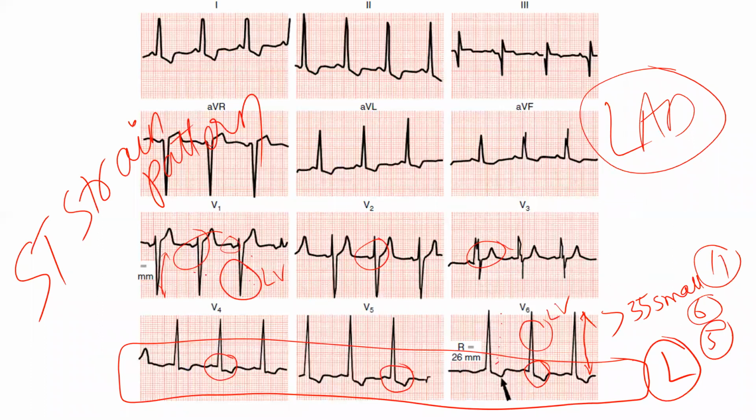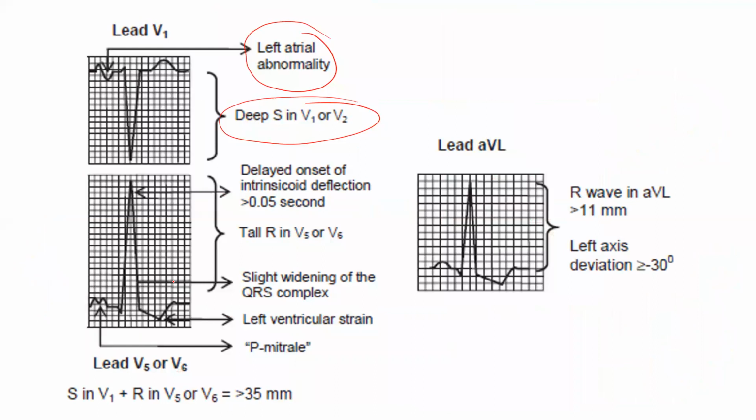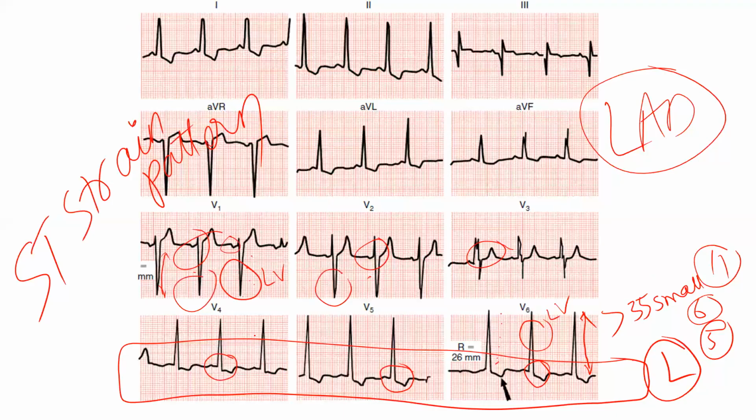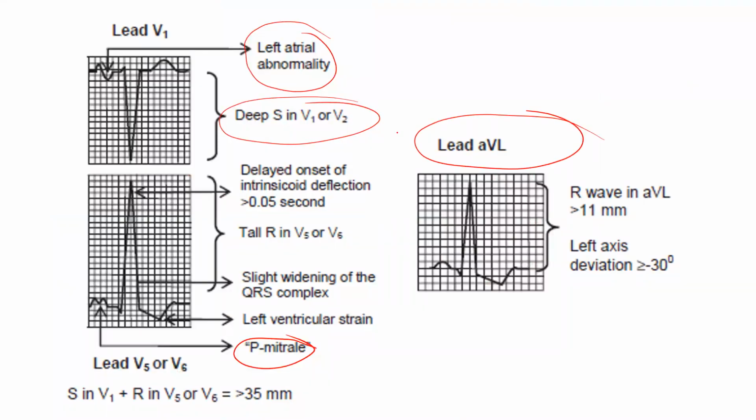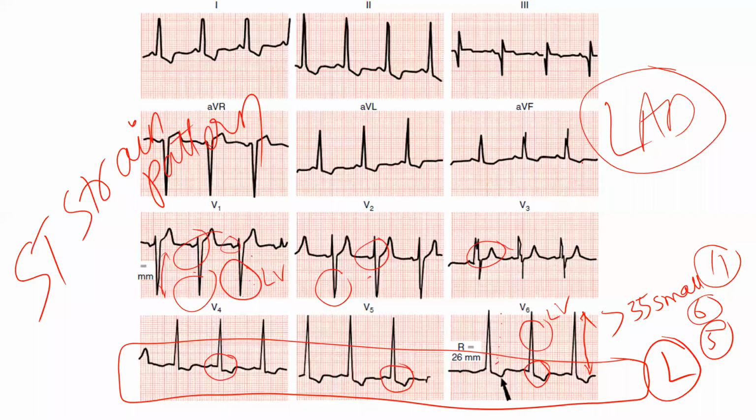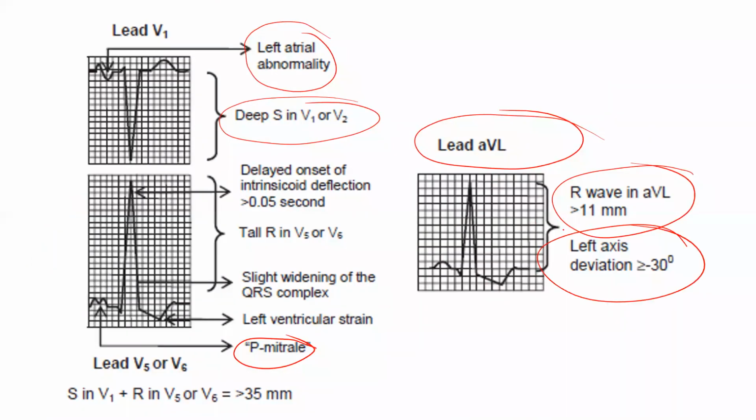See here, V1, V2, we have got deep S waves. Then intrinsicoid deflection we don't want. P mitral can be present, cannot be present. Is there anything? No. Then AVL lead. There is tall R wave in AVL more than 11. See for the AVL, it is more than 11, no? More than 11. Then left axis deviation is not there.